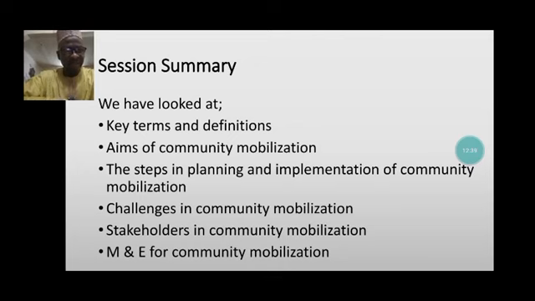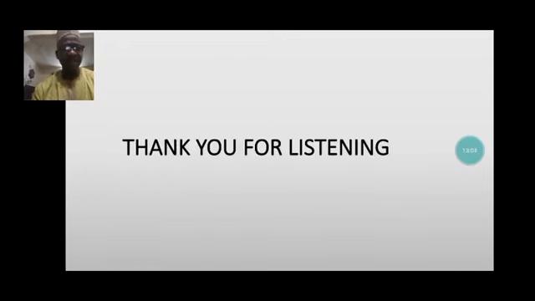At the end of this session, we have looked at key terms and definitions, aims of community mobilization, the steps in planning and implementation of community mobilization, the challenges involved in community mobilization, and the stakeholders. At the same time, we looked at the monitoring and evaluation of community mobilization. Thank you for listening.